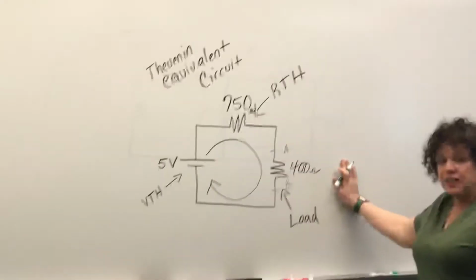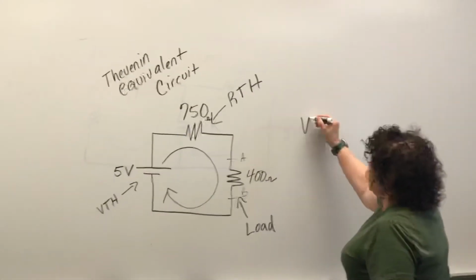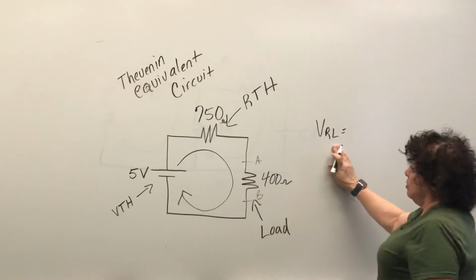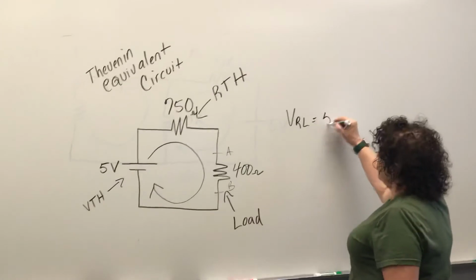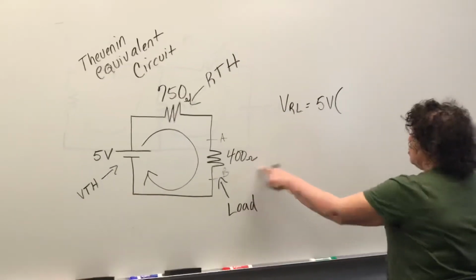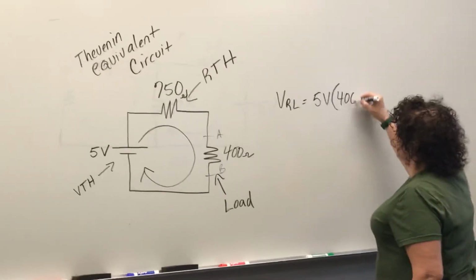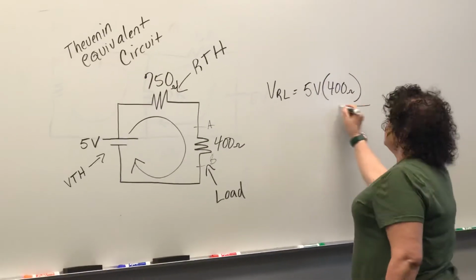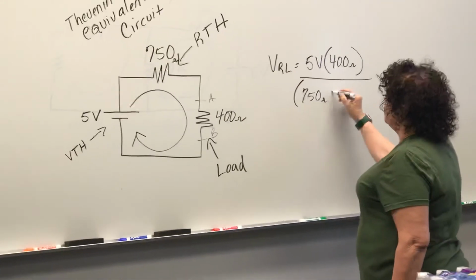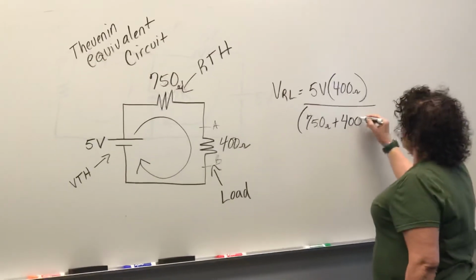We have our Thevenin equivalent circuit, so now we're going to use the voltage divider rule for VRL, which is the load. We're going to put E total, 5 volts, times what we want to get the voltage across, which is 400 ohms, divided by R total, so we could put 750 ohms plus 400 ohms.